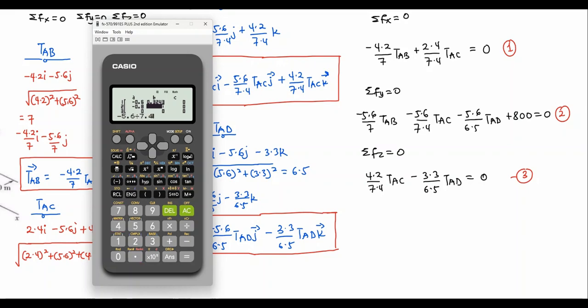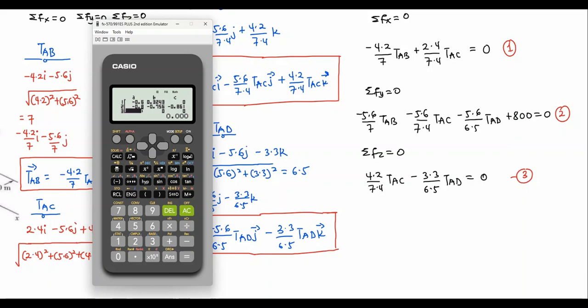And then for TAD, that will be minus 5.6 on 6.5. On the right hand side, we'll have to take the 800 to the right hand side, so I'm going to have minus 800.